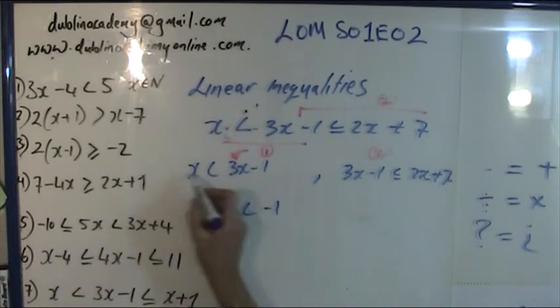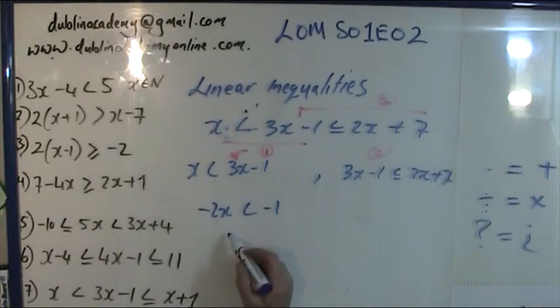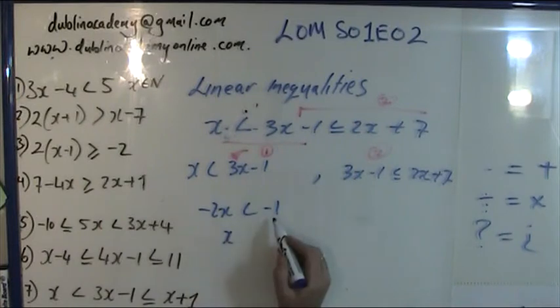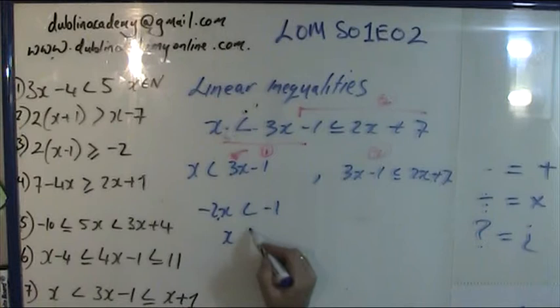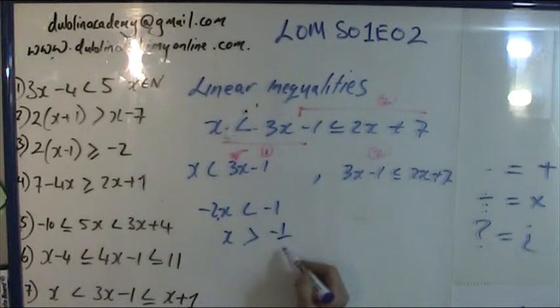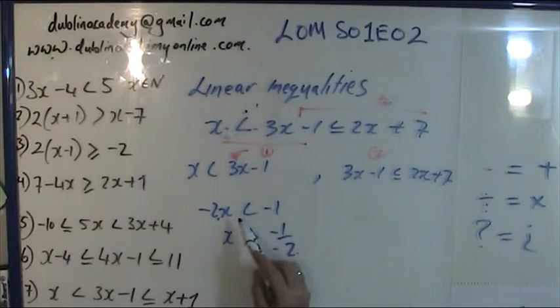Now, if I multiply across by a minus, or bring across a minus, I must change the direction of the sign. And now I'll repeat that again.